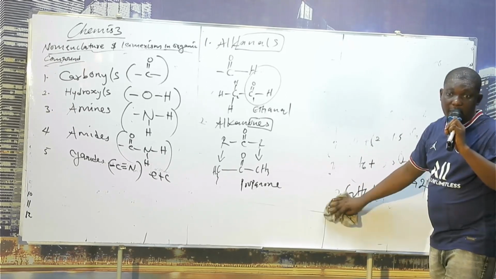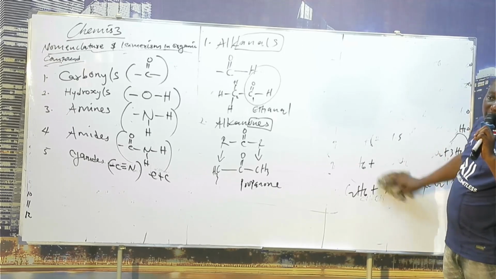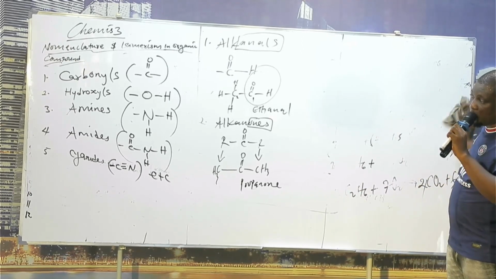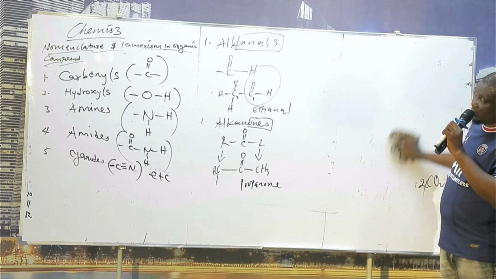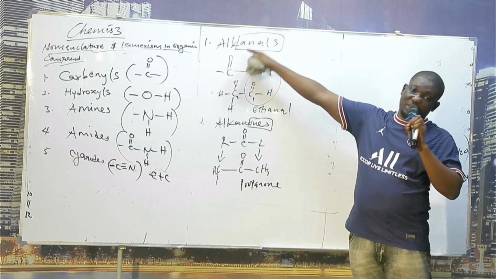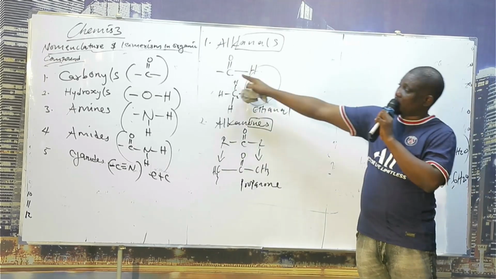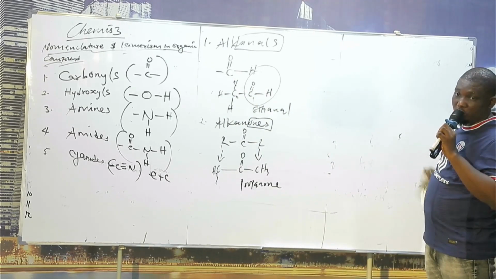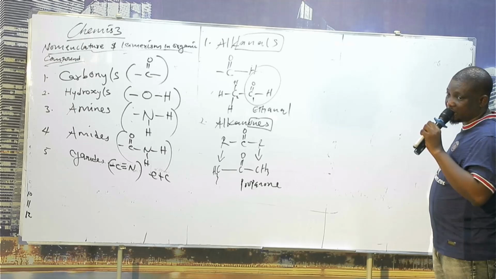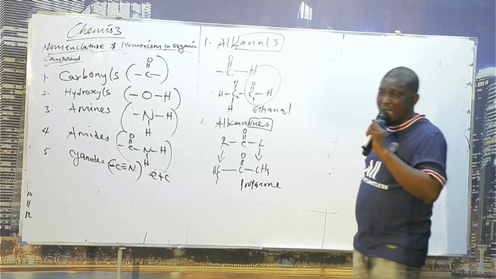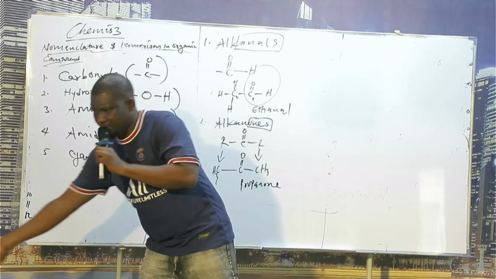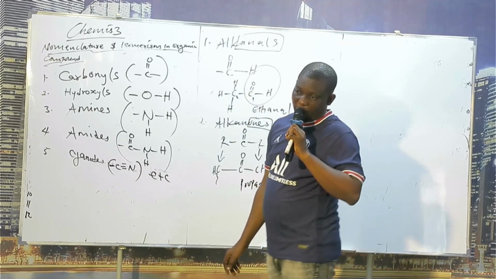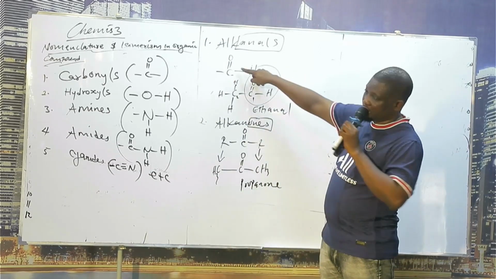This is where the carbohydrates belong, like glucose is an alkanal. You see that the first carbon atom in glucose is CHO. That shows that the organic compound belongs to which functional group? Alkanal.